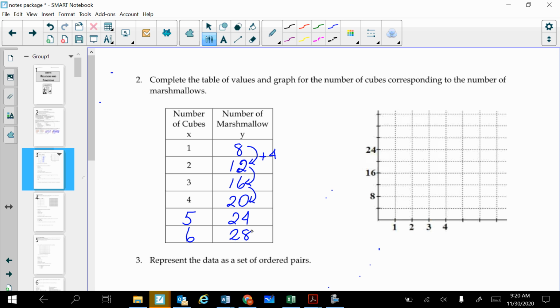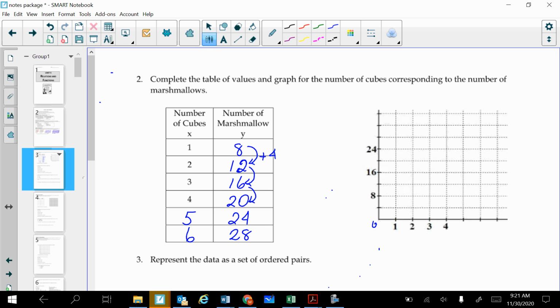So now we are going to graph the data. We have a graph already started for you. I'm just going to mark this as 0. My scale over here is going up by 1, so I'm going to have 1, 2, 3, 4, 5, 6, and I'll just finish off with 7. Now, I'm going to mark this as X for my number of cubes, and I'm going to write that down here. We always need labels.